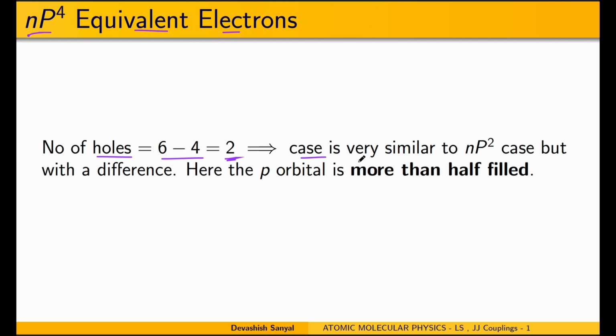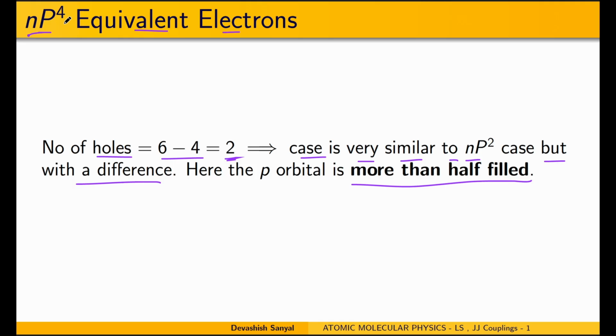So this case is very similar to this NP2 case, but there is a crucial difference. Here the P orbital is more than half filled. Half filled will be 3. Here we have 4 electrons, so it is more than half filled.